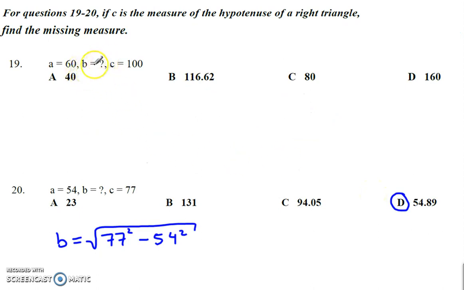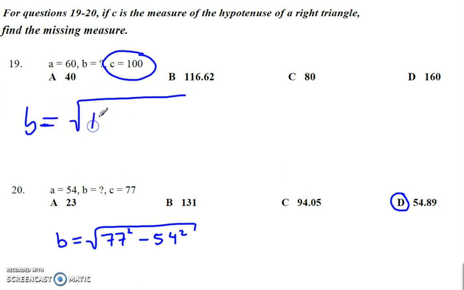To find the missing measure, if I know c, then I have to do c squared. If you know the lengths of a and c, subtract their squares and you'll get the square of b. Oh, and then square root it. There's nothing to it to find the measure of the longest side.